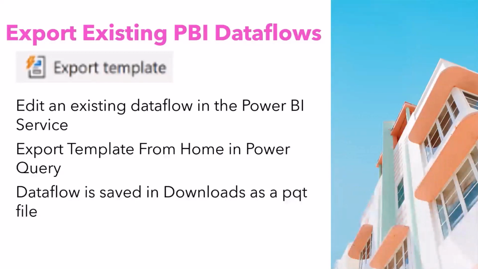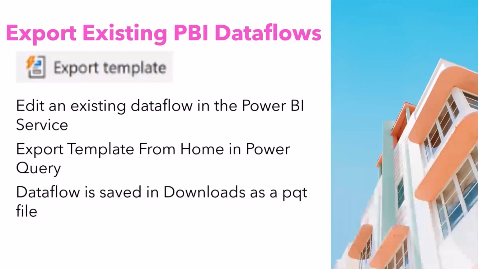They call it a template because I guess they figure that all the code that you write is template worthy. Man, I wish all my code was template worthy, but we'll just go with that. When you select your data flow and go to Home, that icon is there on the right hand side, and it saves the data flow as a download as a PQT file. So it automatically downloads it for you and you're going to get it on your machine. That's how that's going to work.